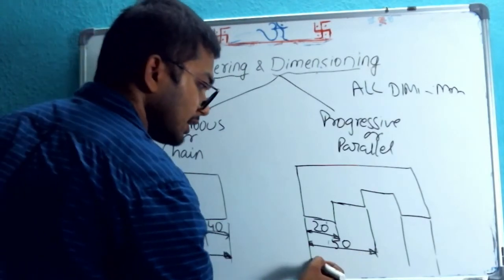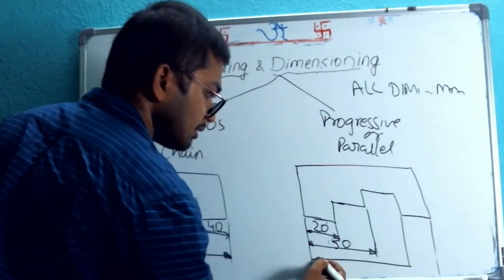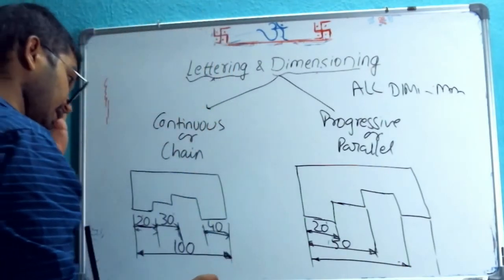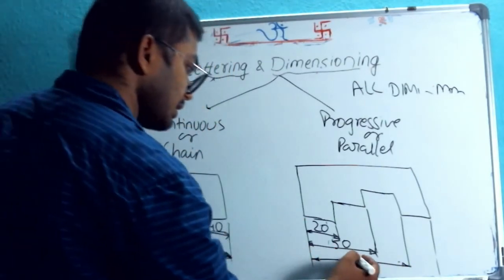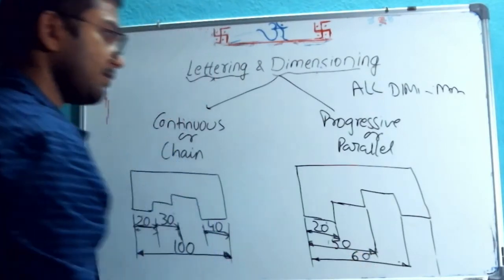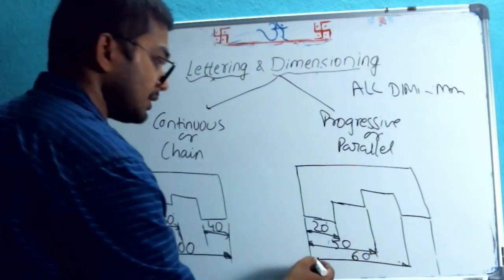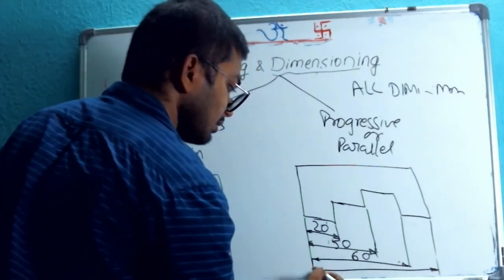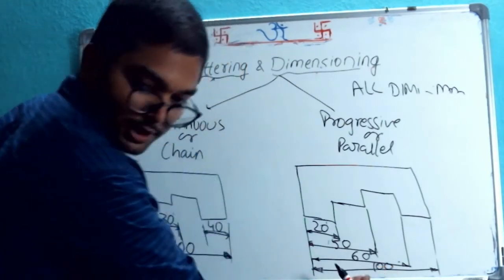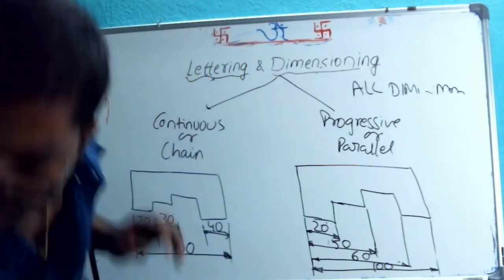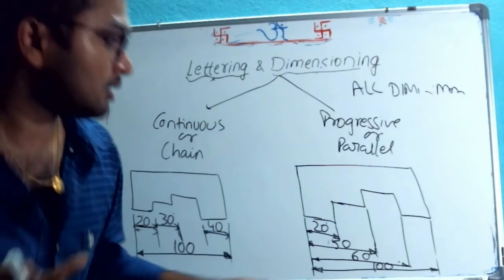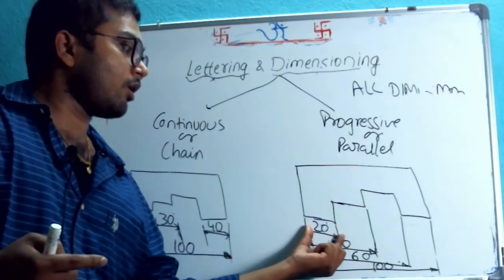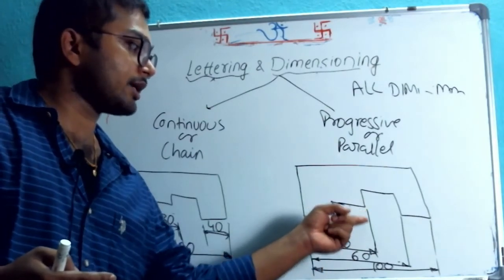Now again from the same dimension line, I will write it as 50 plus 10, that is 60. From that same dimension line again, I can write the total thing as 100. There is no space actually. So 100.